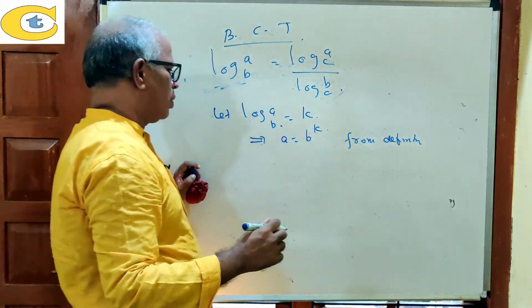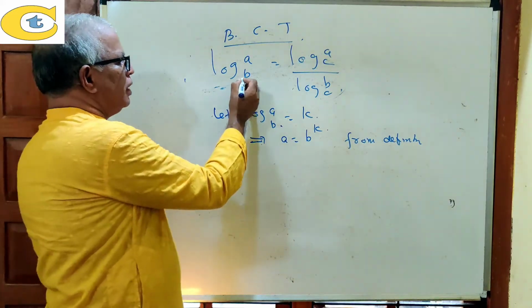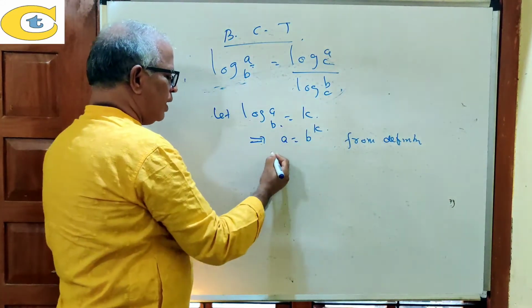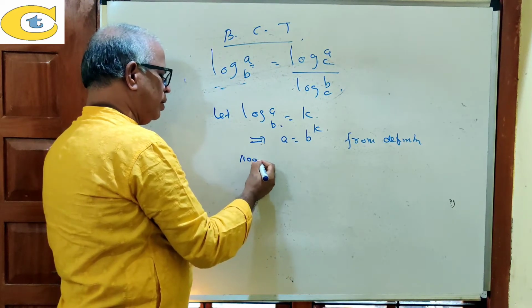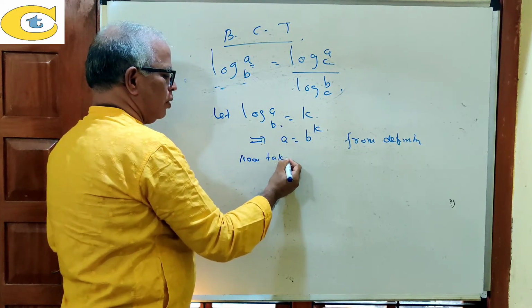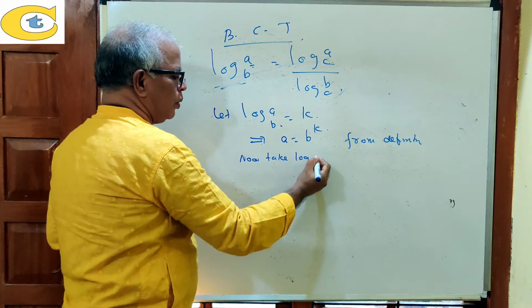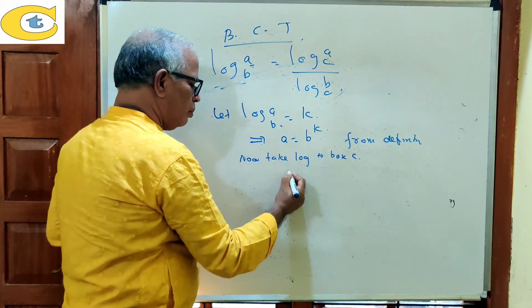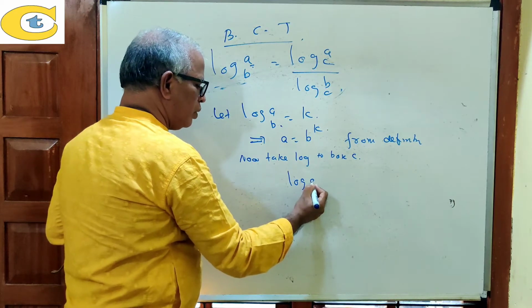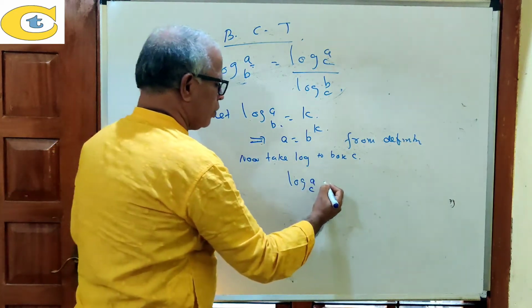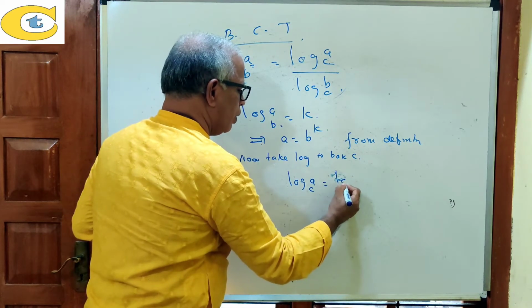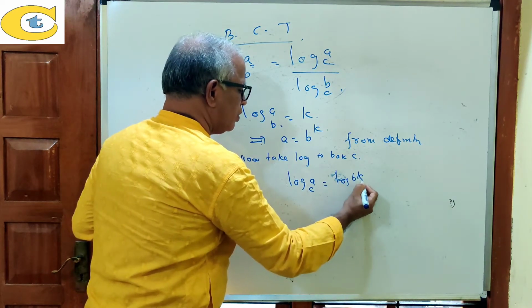Now, here the base is b and the number is a. Here both have base c only. Now we take log to the base c. Therefore, logarithm of a to the base c is equal to logarithm of b raised to k to the base c.